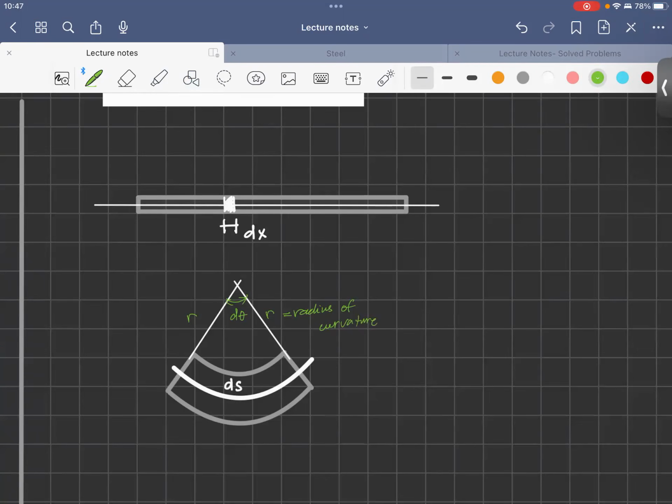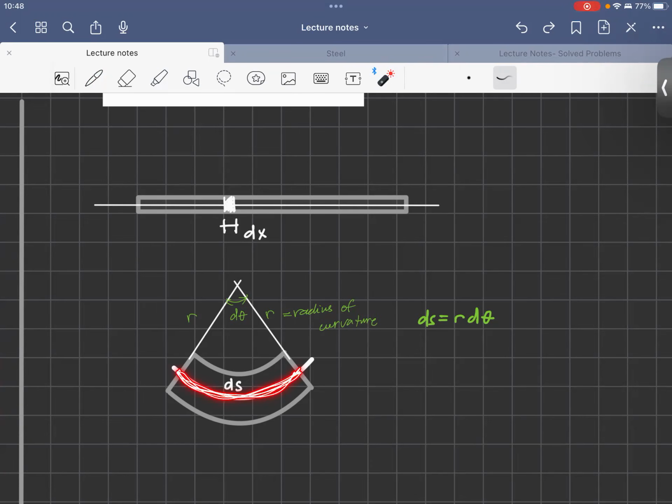Now, if you recall, the formula to get an arc length is ds, the arc length, equal to the radius times theta. As we mentioned, our ds, or this shape here, is along the neutral axis.